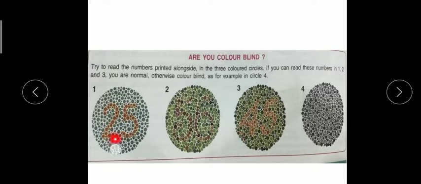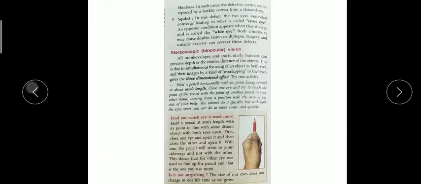So if you are able to read the numbers inside the cards, 1 2 3, then it means you are not color blind. But if you can see there are no numbers, like in the fourth, we can see there are no numbers. So if you are unable to read the 1 2 3 numbers, then it means you are color blind. So this is a test.